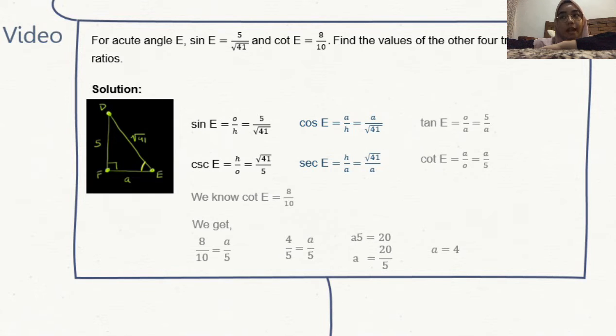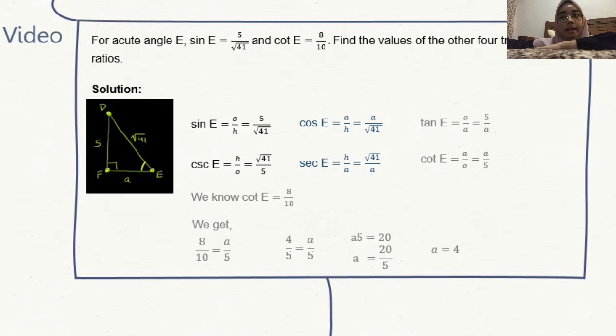Solution: sin A equals O per H, which is 5 per root 41, and cos A equals A per H equals A per root 41.